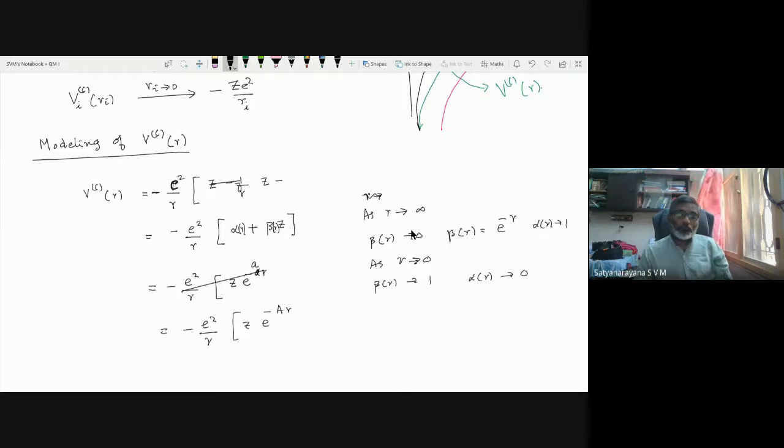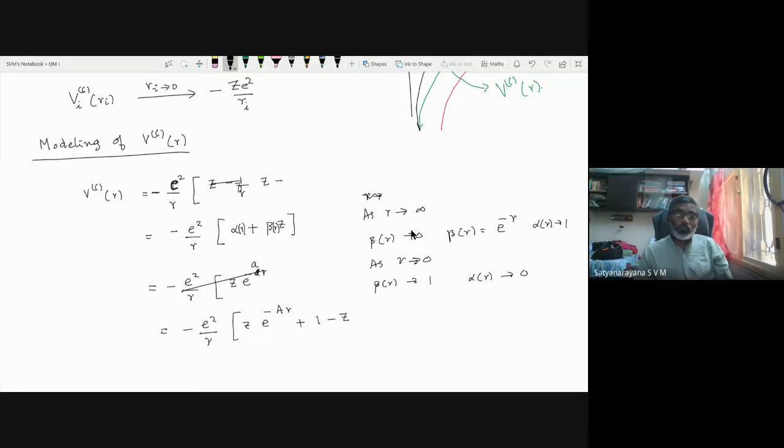So Z e square by r, plus I have, as r goes to 0, this becomes Z, but then I don't want that Z to be there. So I have to write 1 minus Z here, so the Z will cancel. It will become minus e square by r as r goes to infinity.